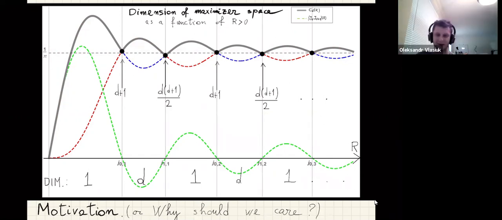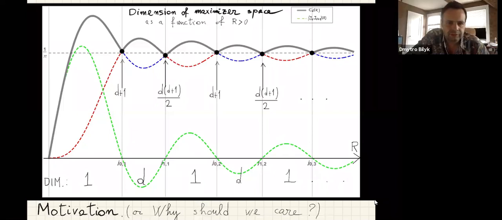Okay, sorry, go ahead. So the picture is for dimension 2, and in dimension 2, the dimensions of the space of maximizers at the roots of this function will be the same, right? It will be dimension 3 everywhere, so they do not alternate, but you get different maximizers.